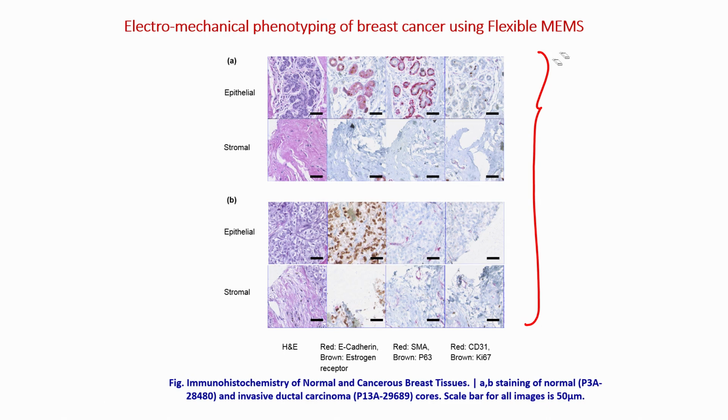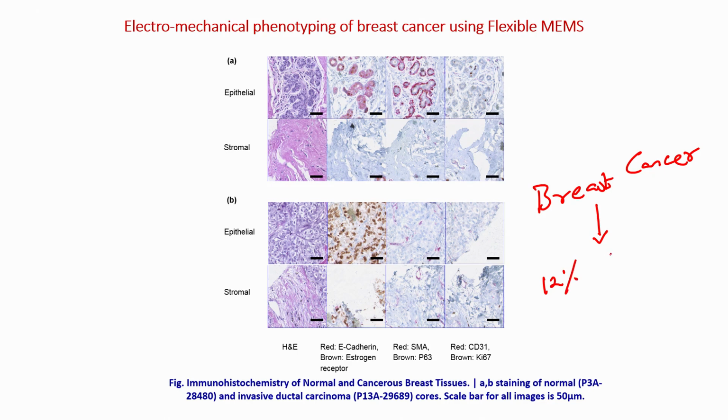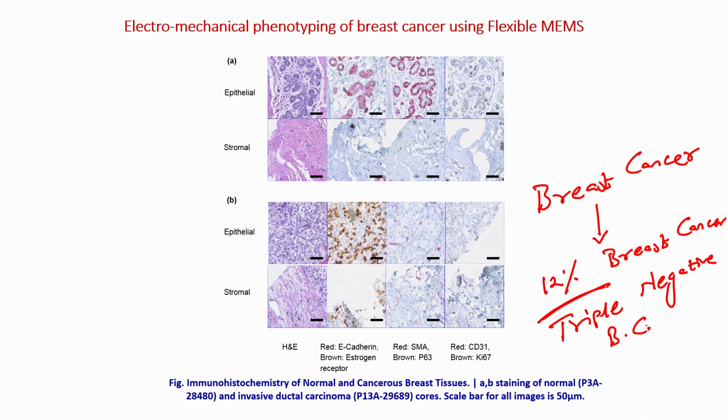Okay. Now, there are certain cancers within the breast cancer, approximately 12% of breast cancers, okay, that are called triple negative breast cancer.